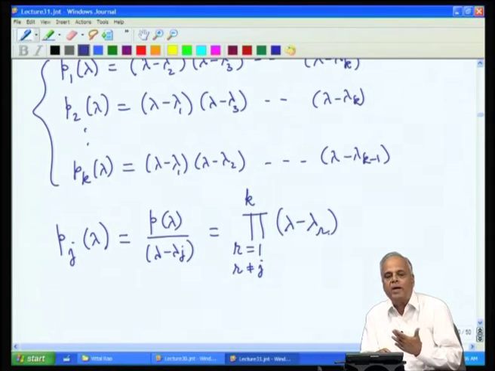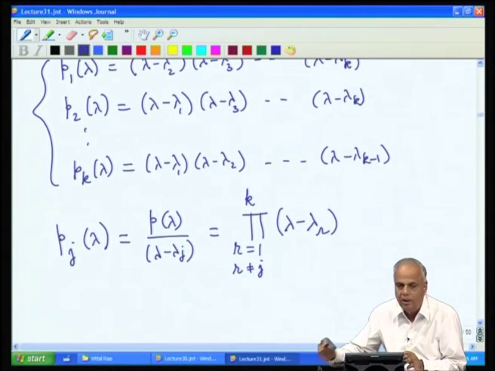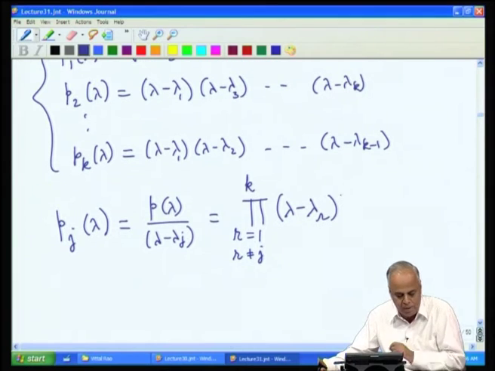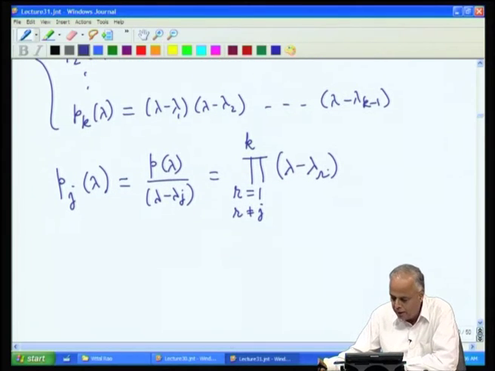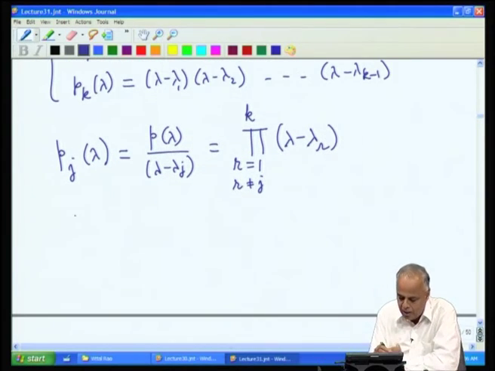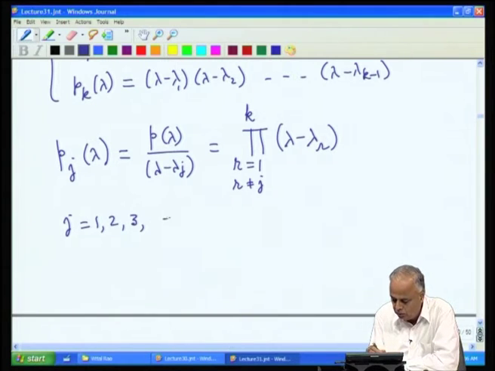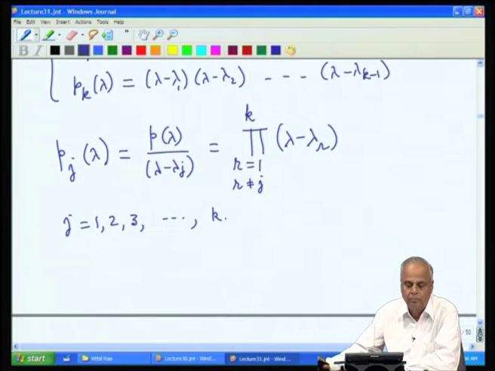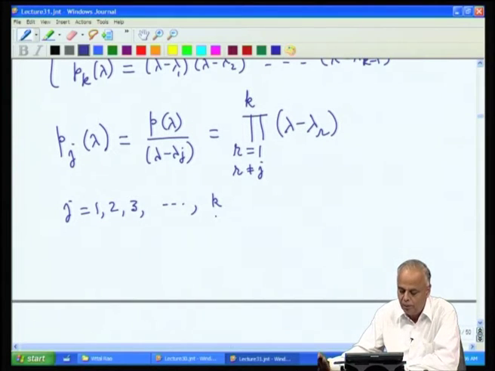So, you take all factors lambda minus lambda r except the factor lambda minus lambda j, then we get the polynomial p j lambda, and we do this for j equal to 1, 2, 3, ..., k. So, thus we get k polynomials.